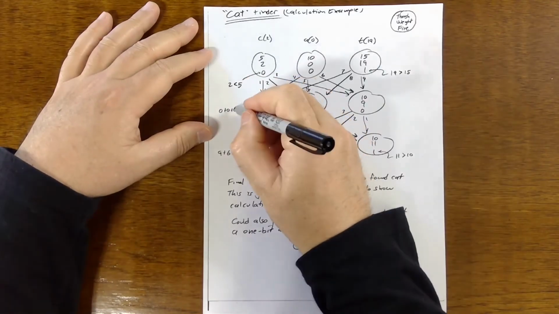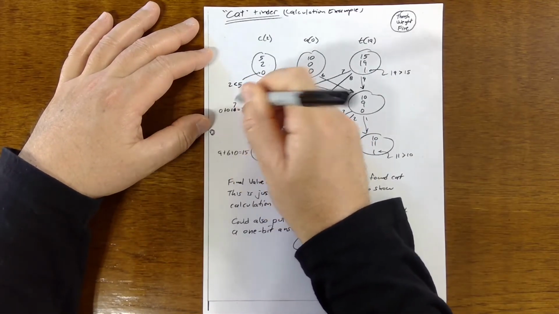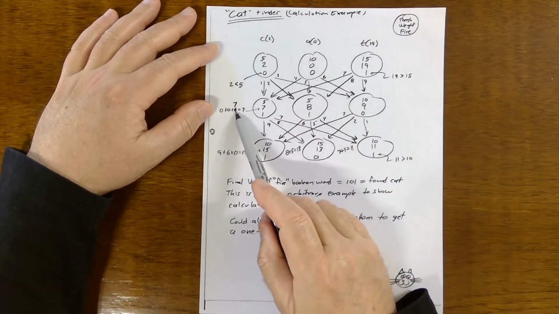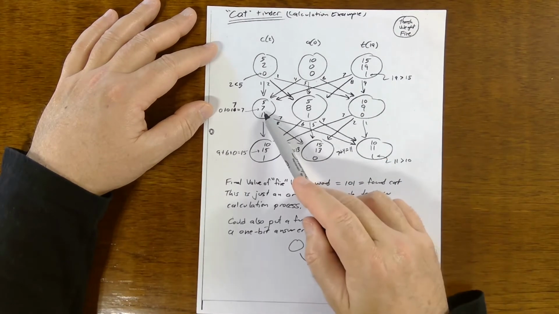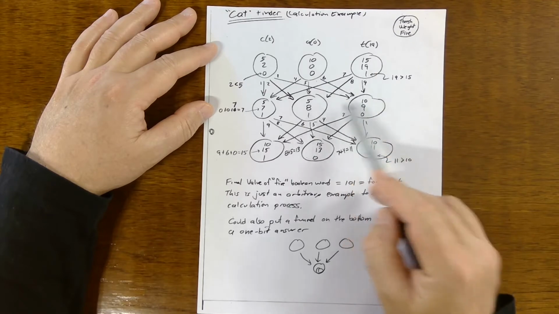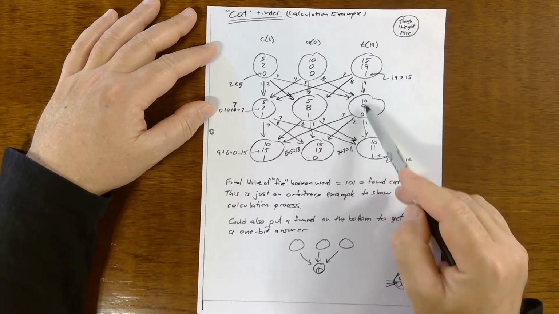It should be a 7. Oh, it's posted with this typo in there. Anyway, this should be a 7 because this one's firing and sending a 7 down. And this one, likewise, is getting the 8 from this node, and getting a 9 on this link from this node.